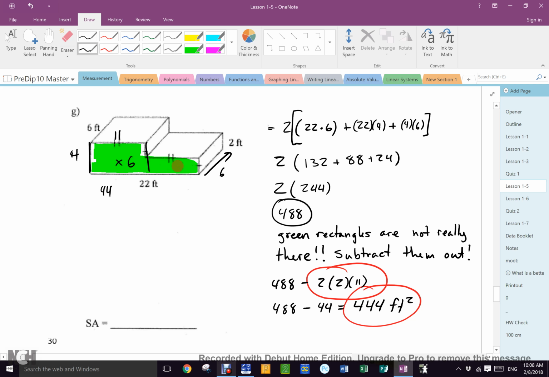How long's this? 22. How long's this? So what's the whole green? 66 times 6. No. 66 times 6 is 396. Feet cubed.